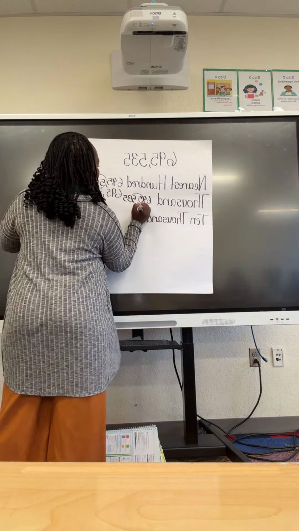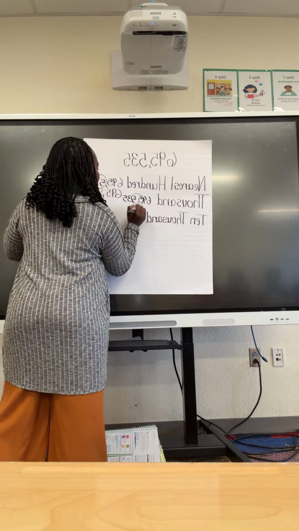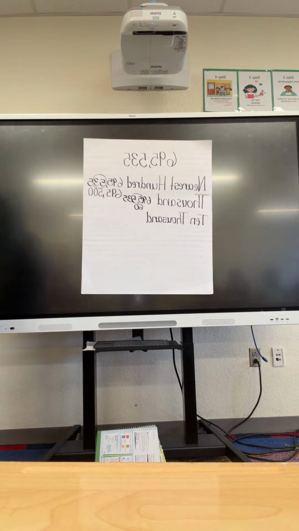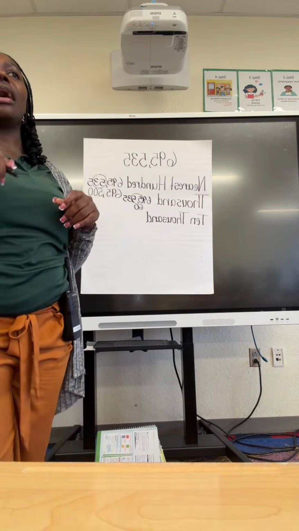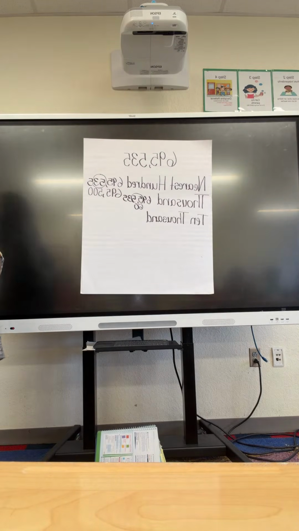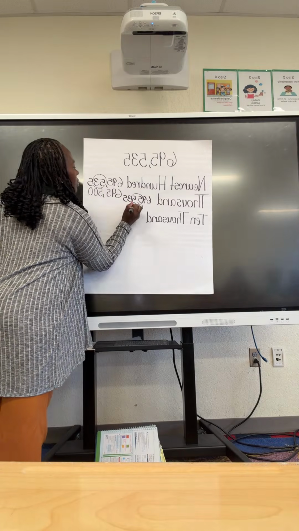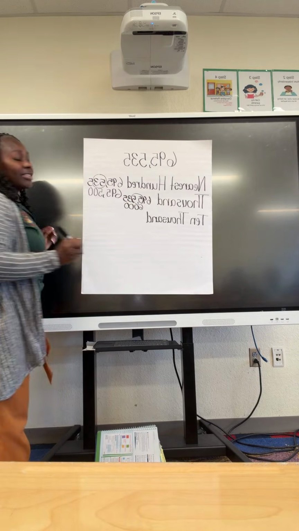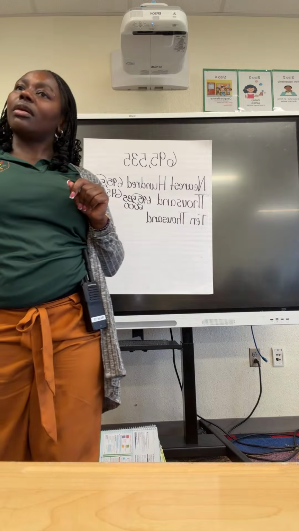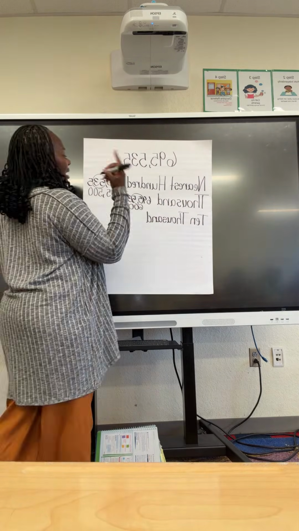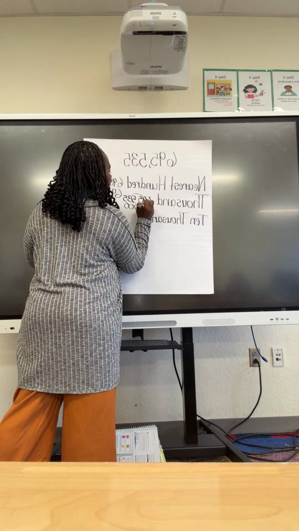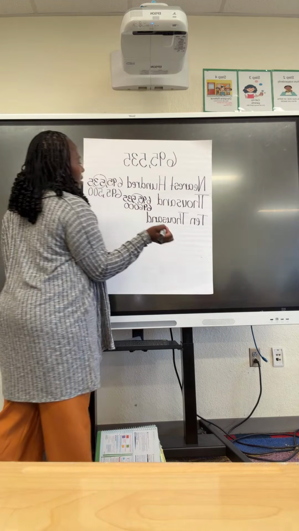Oh, so this becomes 60. The digits to the right become zero. How many digits are there to the right of 60? 2. 1, 2. Also, 1,000 has how many zeros? 3. How many zeros do you see? 3. There you go. And all the other digits are going to stay the same.